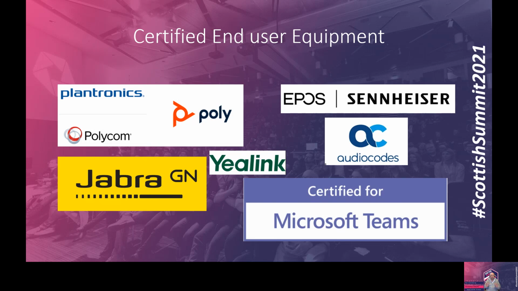find the equipment. For example, if you go for Jabra headsets for the whole organization, they have headsets in all kinds of ways. And the same with Poly, and the same with EPOS Sennheiser and Yealink as well. It started to come with lots of good quality headsets.